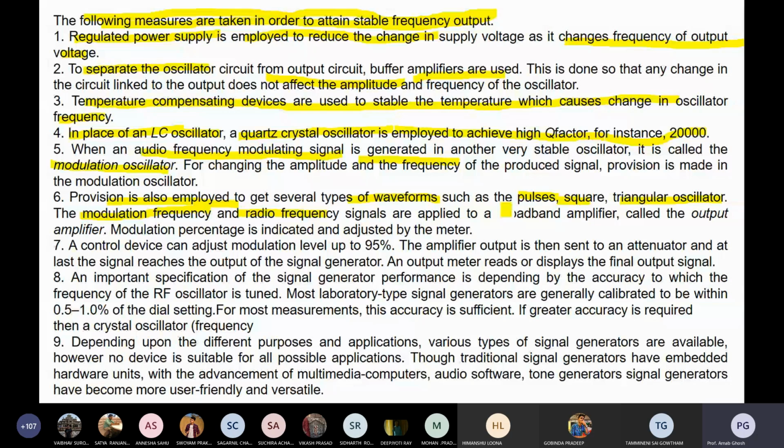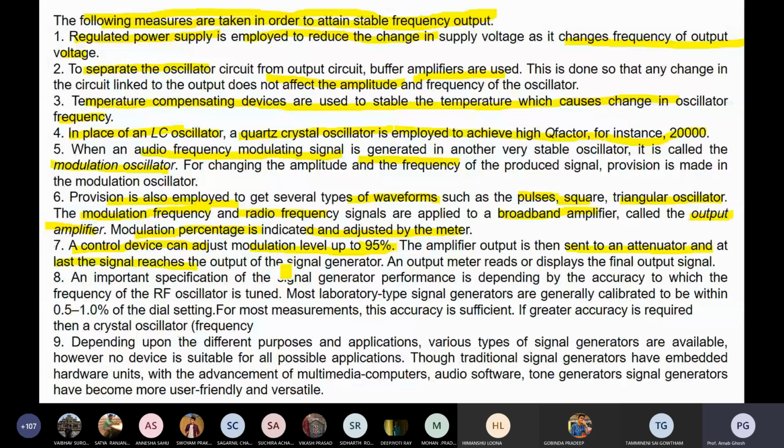The modulation percentage is indicated by the adjustment of the meter, and a control device can be adjusted to model up to 95%. The amplifier output is then sent to an attenuator, and at last the signal reaches the output voltage of the signal generator. An output meter is also there, at the final stage of the output signal.